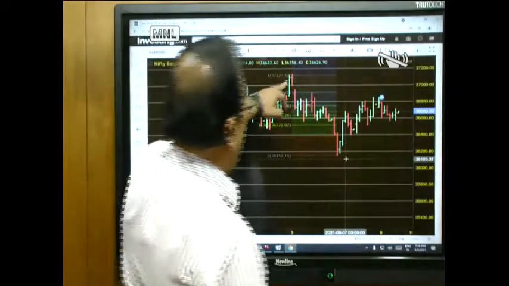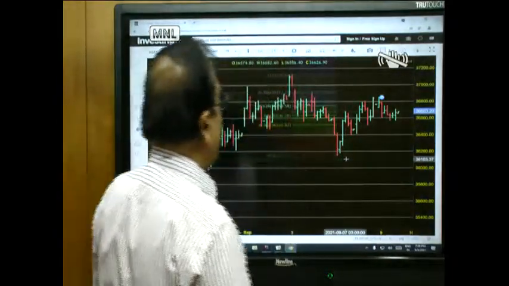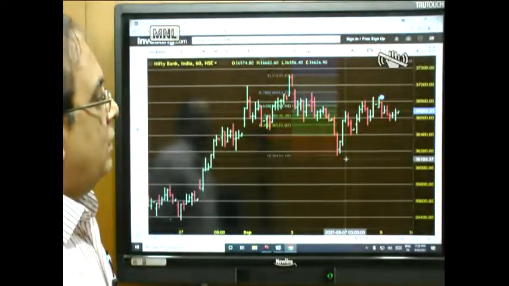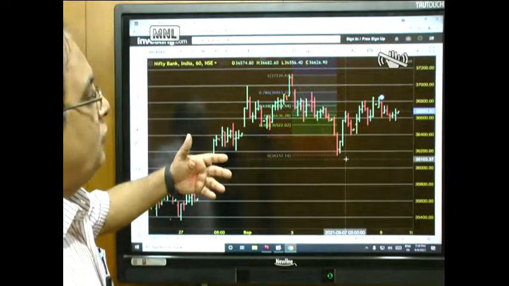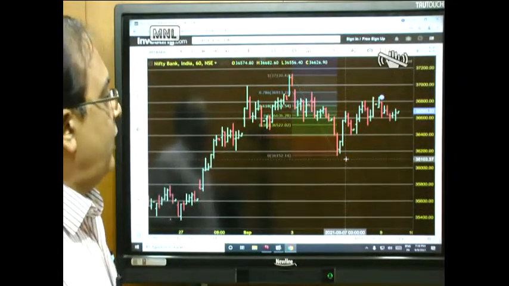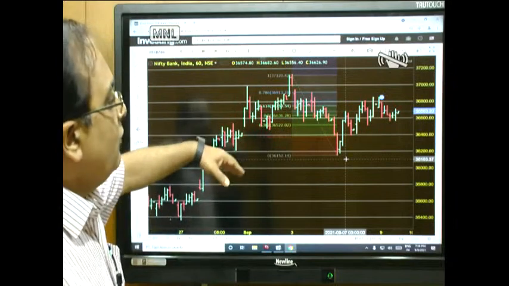Once we draw from this level, the moment it started to break 36,380, you could have looked towards the long side and used all these levels for trading purposes.